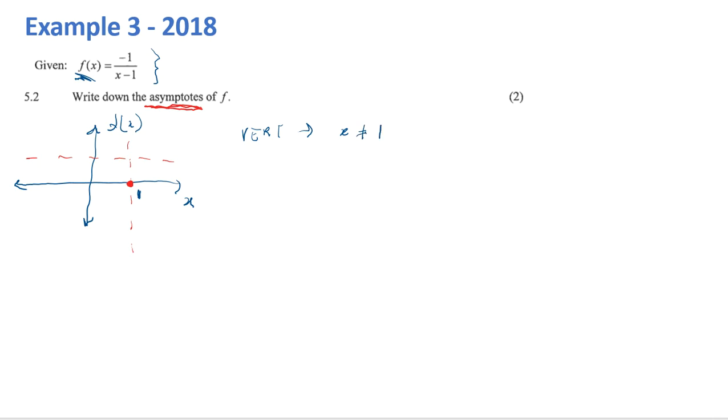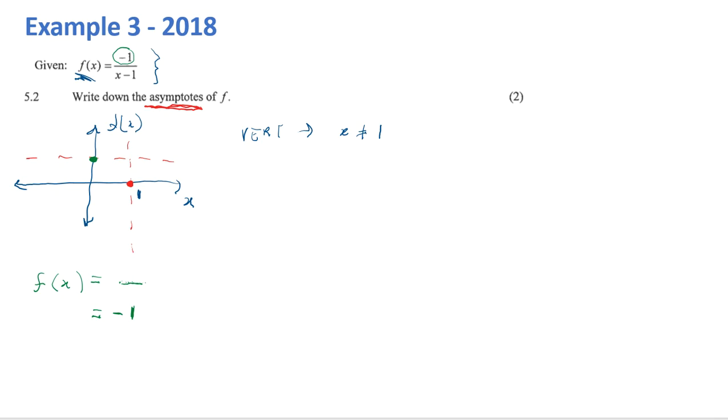But I can also have a horizontal one, and this will correspond to y values. How you find this asymptote is where this function f of x has a contradictory value. This is a little bit abstractly said. What you can see is that on the top here you have minus 1, so you always have minus 1 regardless of what the x values are.